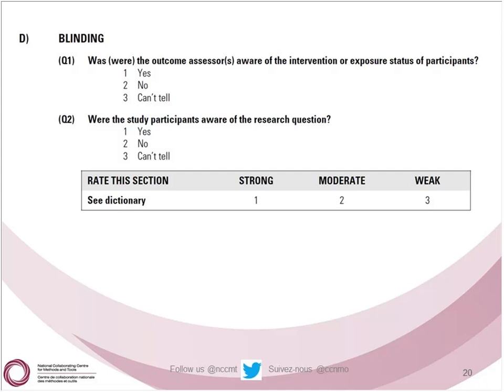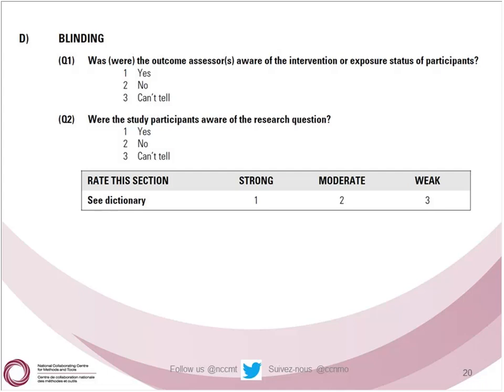We also know that in many instances, the participants themselves are providing the outcome data. So it's a self-report, and that's where, again, that question number 2 becomes even more important: if it is a self-report, participants should not be aware of what the exact research question is.